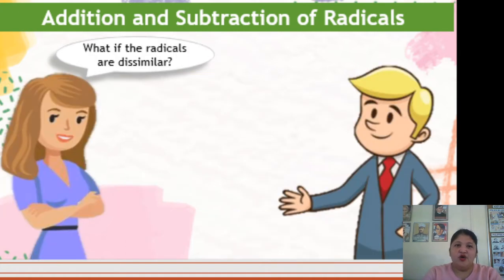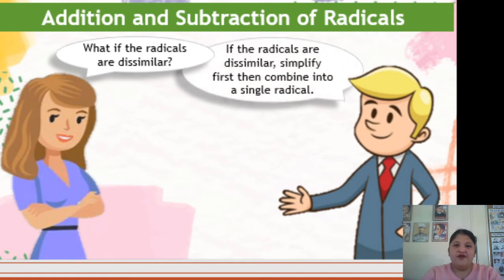Okay, so what if the radicals are dissimilar? If the radicals are dissimilar, we just need to simplify them first, then combine into a single radical. For example, we have square root of 8 plus square root of 50.